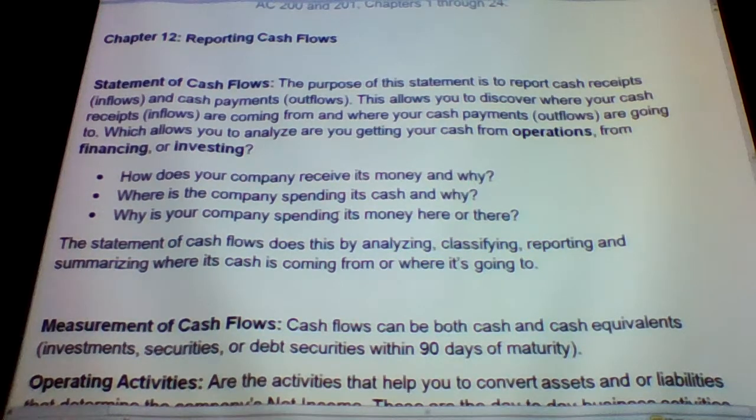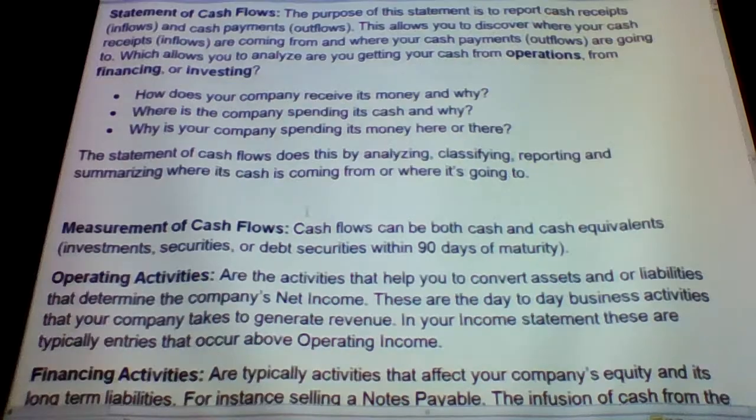How does your company receive its money and why? Where is the company spending its cash and why? And why is this company spending its money here or there? The statement of cash flows does this by analyzing, classifying, reporting, and summarizing where its cash is coming from or where it's going to.